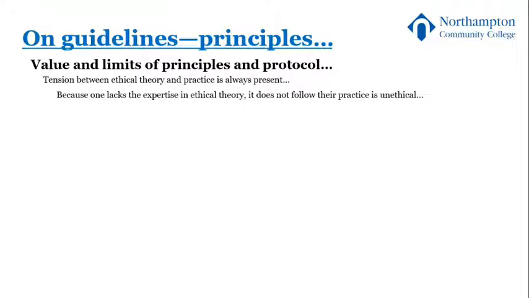This requires a little bit more reflection. So we're not trying to say that simply because somebody cannot articulate their ethical theory that their practice is unethical. But it would be good, at least as far as ethical consistency is concerned, if we all were able to determine what exactly forms our ethical judgments and then apply that across the board.